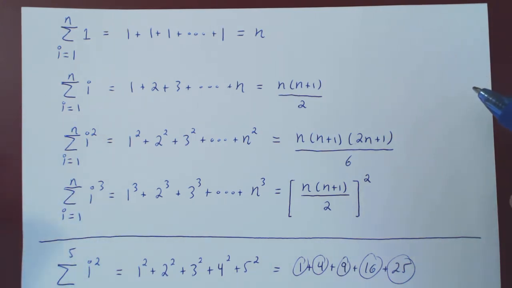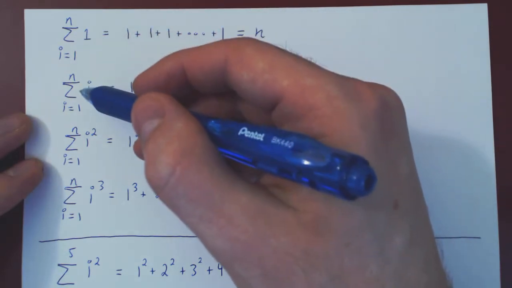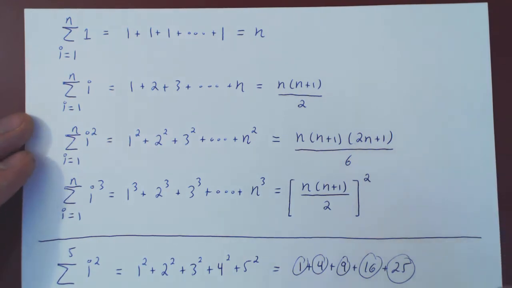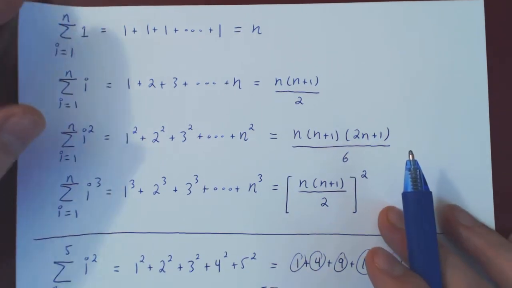Let me give you one last example of evaluating a sum that involves all of these 4 formulas and all of the properties of summations we've seen in the previous video.